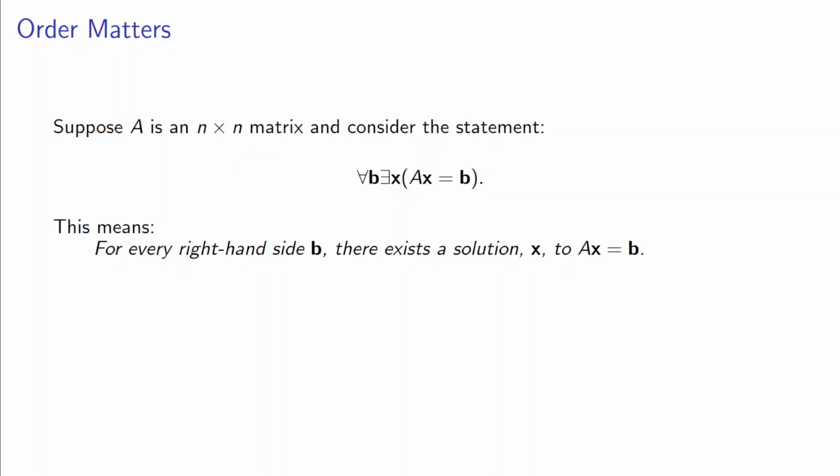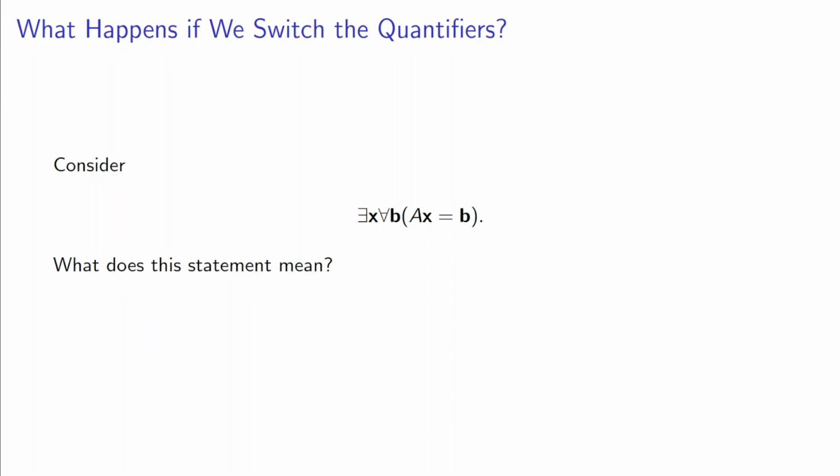It depends on the specific matrix A, but if A is a given n by n matrix and B and x would be vectors in R^n, then there are certainly some matrices where this would be true.